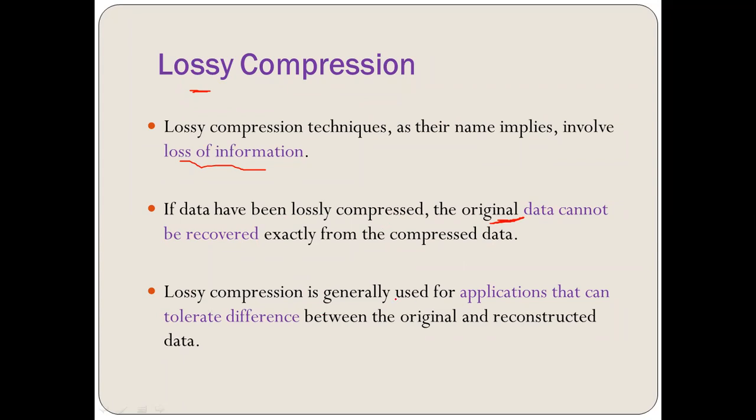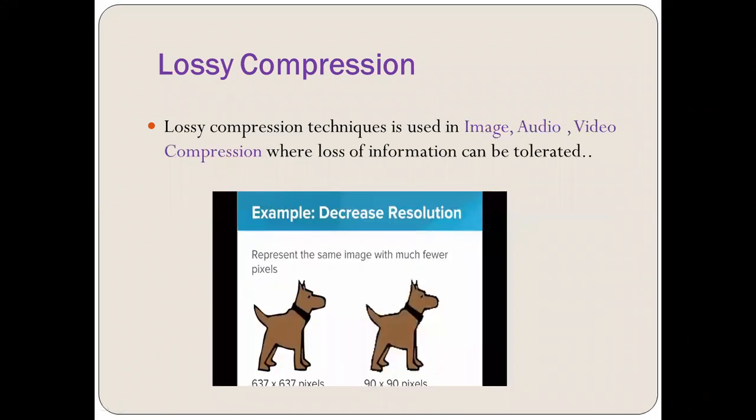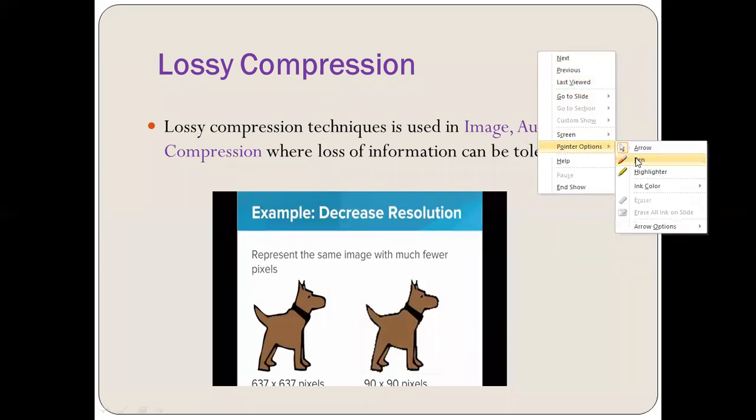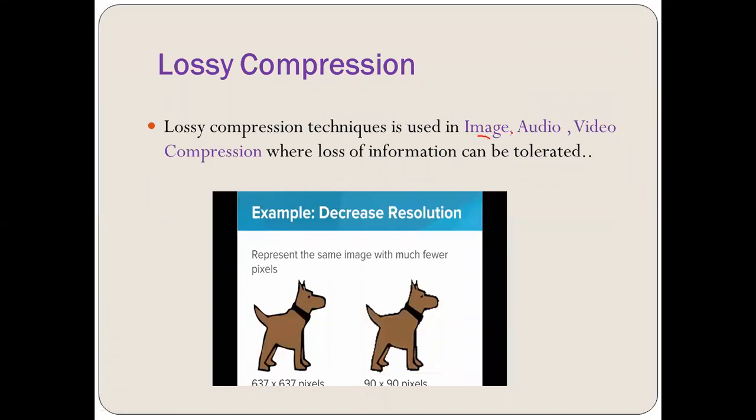Now, where should we use it? Which particular part can be used as the application for lossy compression? Wherever we can tolerate the difference can be used as the lossy compression. And what can be this particular type? Let's see here. The image, the audio files, and the video files.